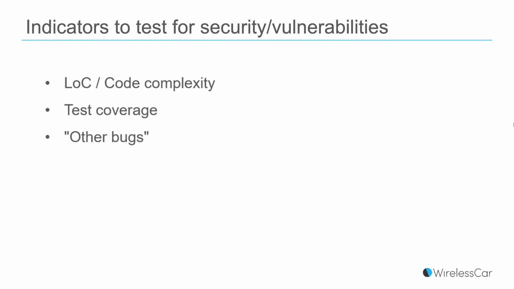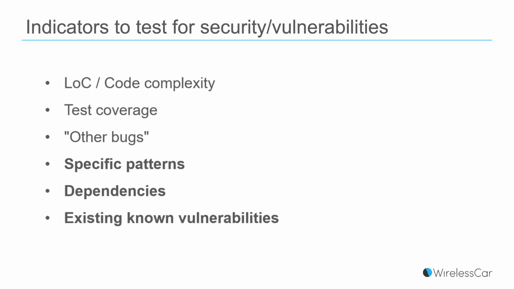Other bugs are also an indicator of unintended behavior, which can lead to security vulnerabilities. There are specific patterns within the code that you can look for that indicate security vulnerabilities. Dependencies: if your code has a lot of dependencies, old dependencies to versions that have security vulnerabilities, it's more likely to inherit those vulnerabilities to your code too.